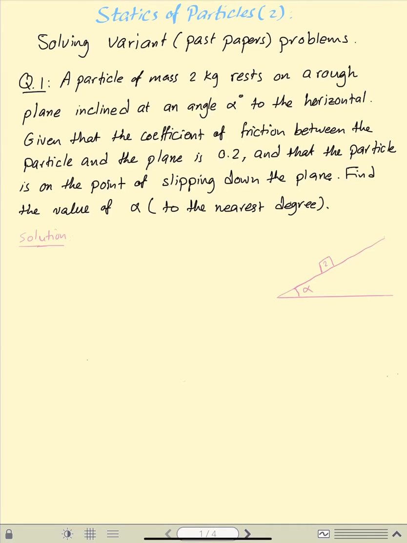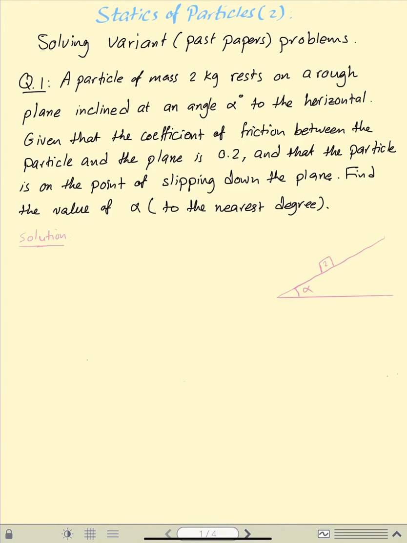It depends on the nature of the diagram. So let's start with 4 problems today. We are focusing on examples of variant problems, past paper questions, different ideas. Let's start with the first one.